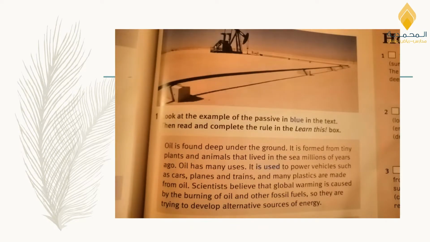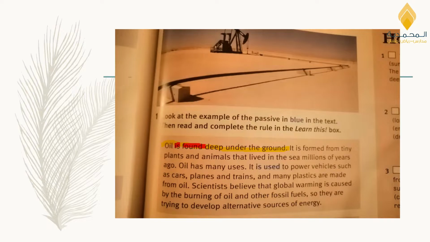After reading the paragraph, let's try to find out some examples of the present passive. Okay, can somebody think of the first example? Yes, oil is found deep under the ground. As you can see, we started with is and it is followed by verb 3.